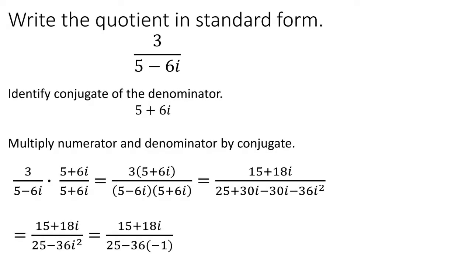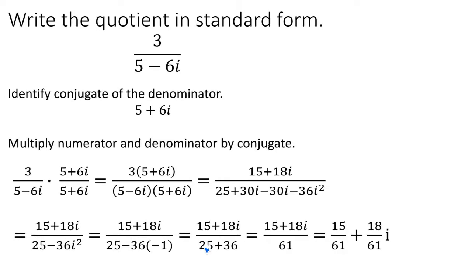So we can simplify a little bit. i squared is negative 1, so here's my negative 1. And so 25 plus 36 is 61. And so if I divide these, I get 15 divided by 61, and 18 divided by 61i.